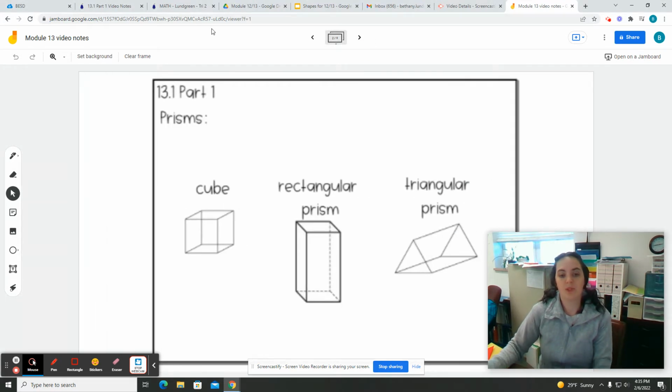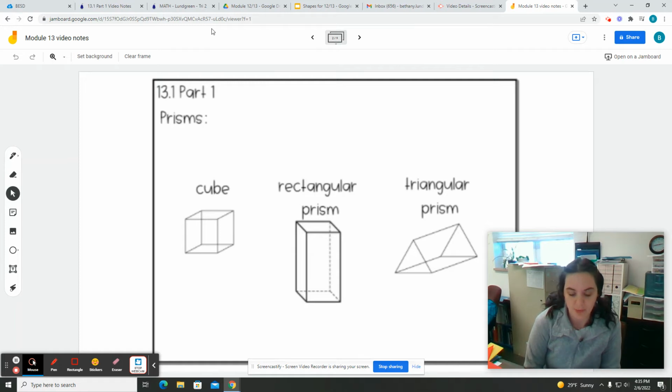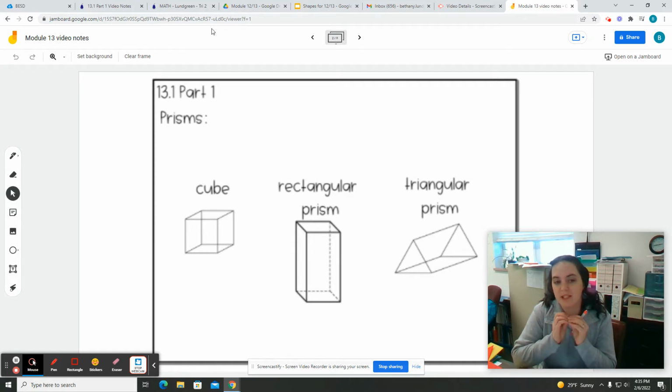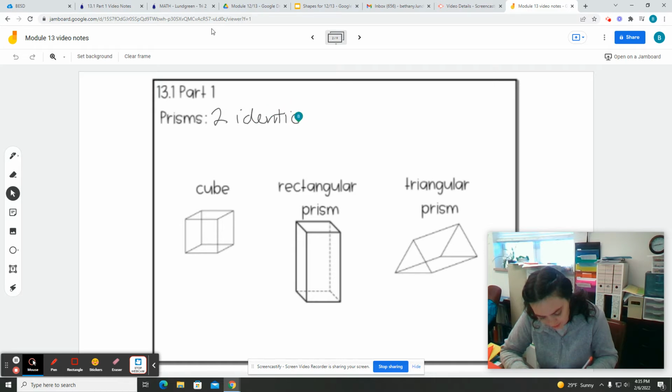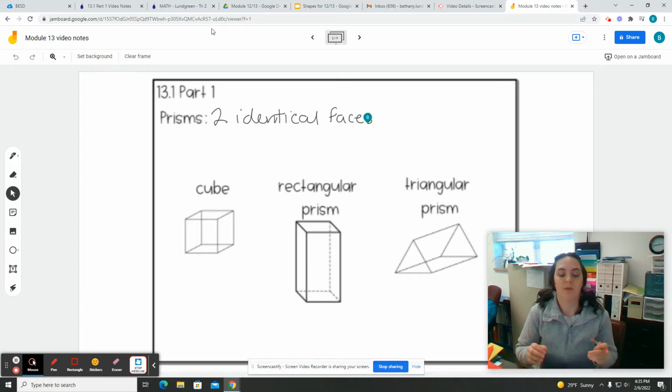Okay, so there are a couple different types of 3-dimensional figures. The first type is prisms. So this category of prisms, there are some very specific conditions for prisms. Now, prisms have 2 identical faces that are usually opposite each other.